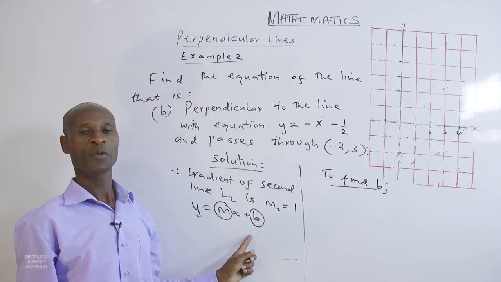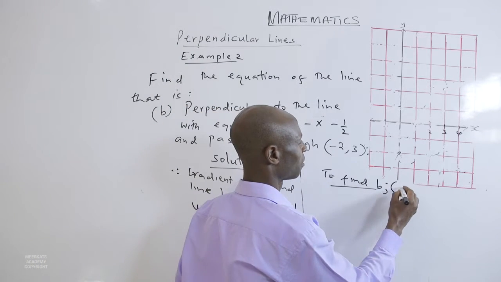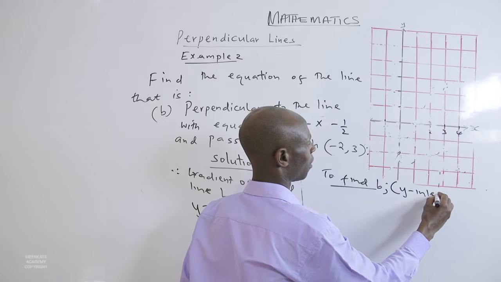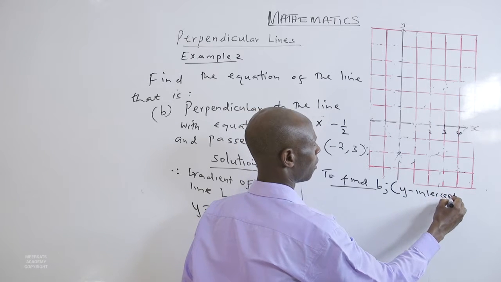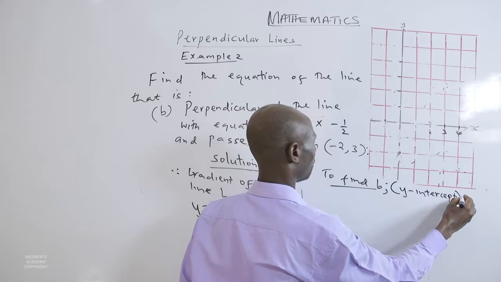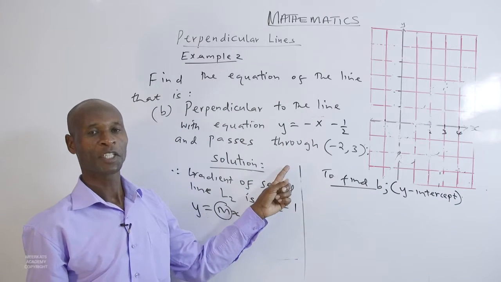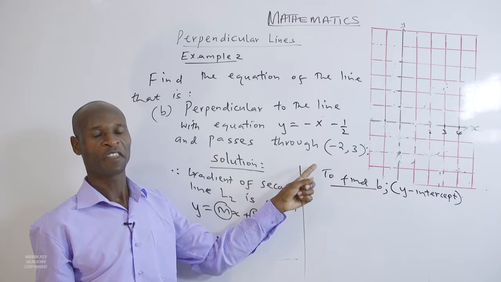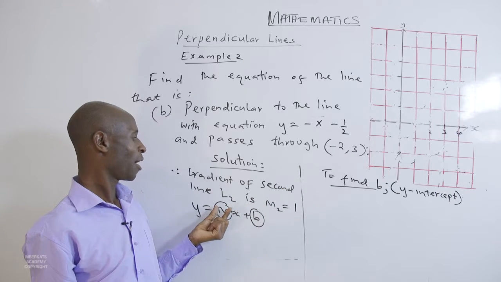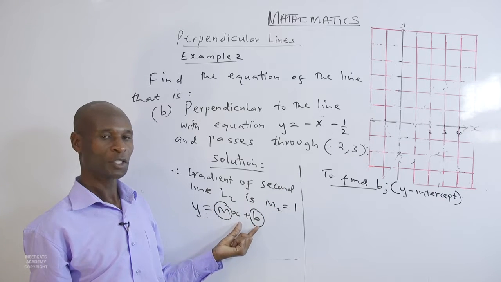To find b, which is the y-intercept, we substitute the values of the point in our linear relation.